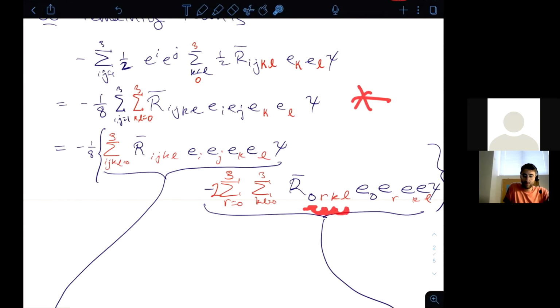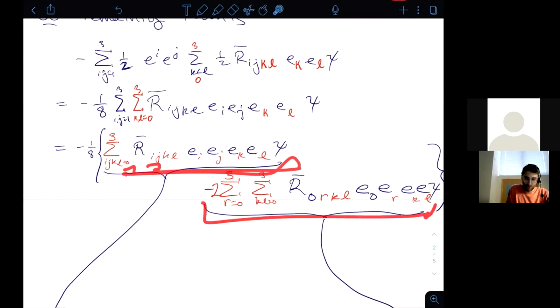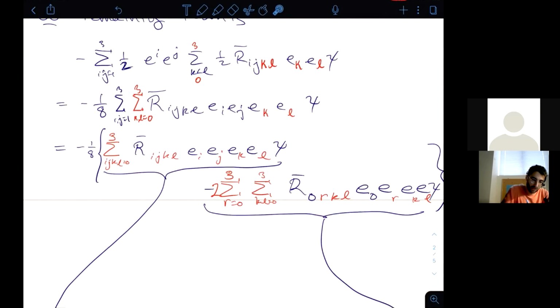And you have to do the same for both I and J. So this term is missing, but also R, little r, 0, K, L was missing. But this whole term is symmetric in I and J, so I will just combine them into a single term and add a 2 there. Okay, so those are the 2 things in this sum that were missing, and we subtracted them off, and now we have equality. These 2 things are equal to each other.